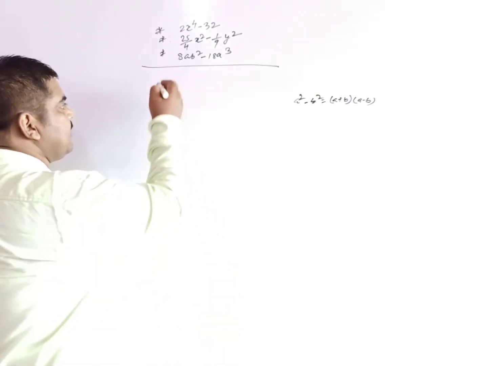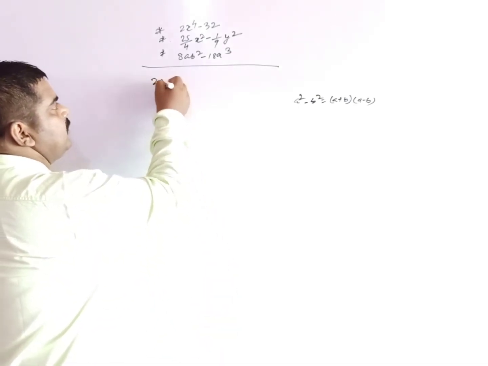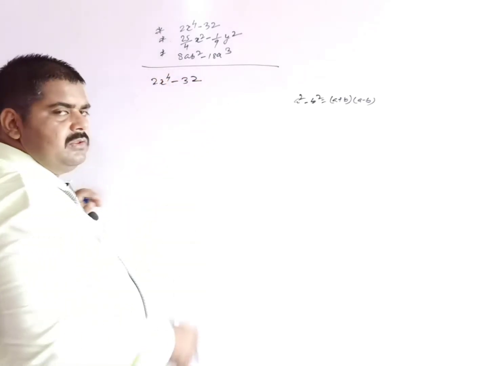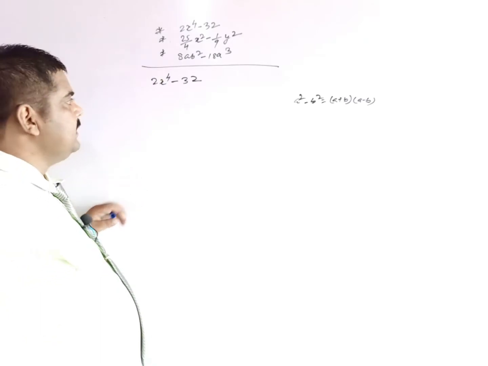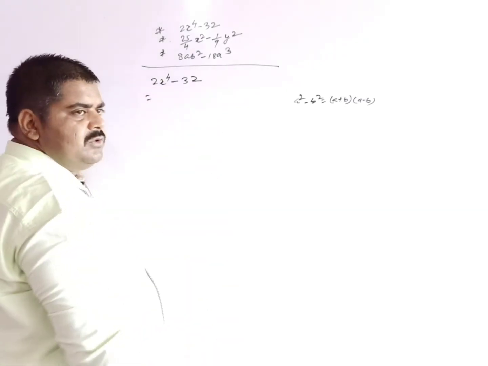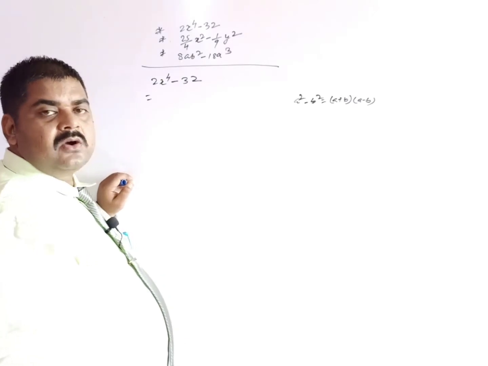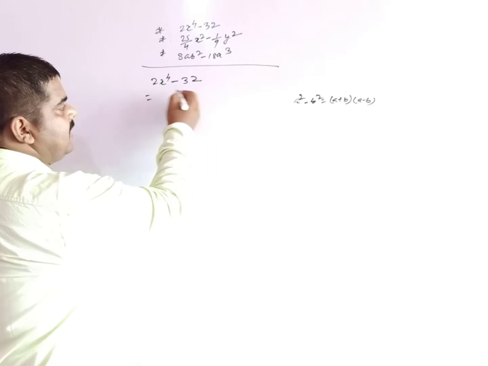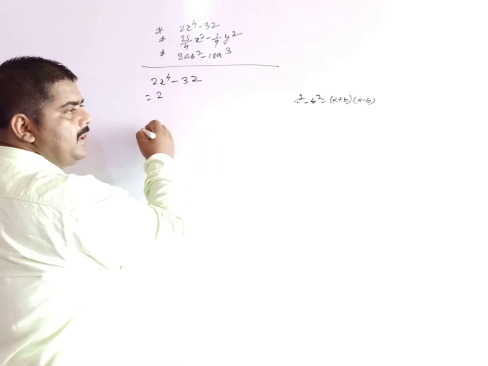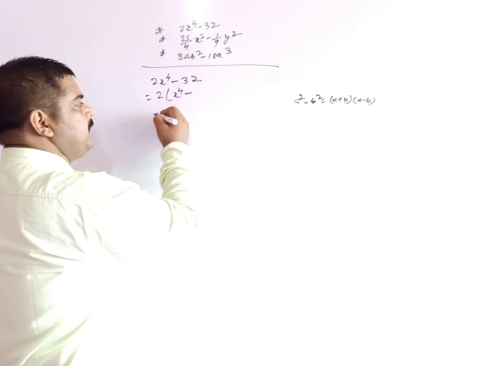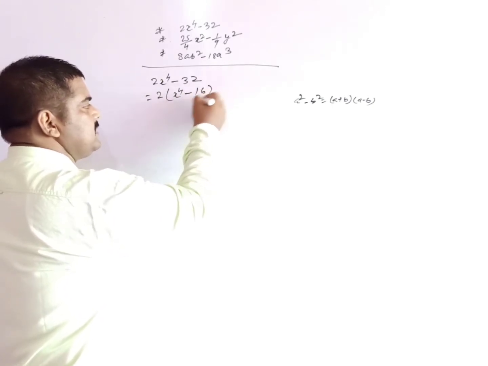And you can just check in the first question, 2x to the power 4 minus 32. When you try to solve this question, at first you have to take the common number out of both the terms. And what is the common? To make common, then what is left? x to the power 4 minus 16.